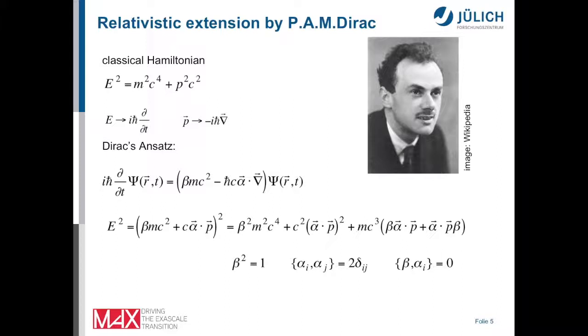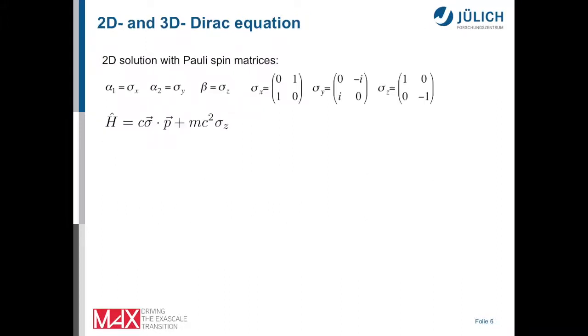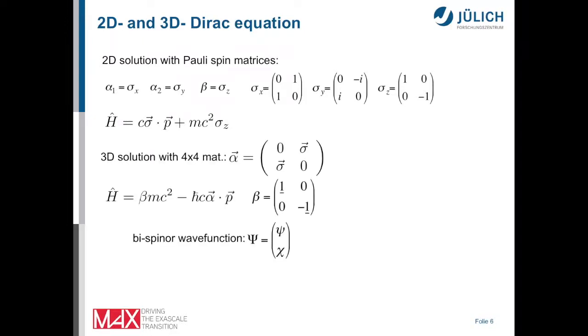And these matrices alpha and beta are not difficult to find. In a two-dimensional world, they are just the Pauli matrices, which you probably all know. They fulfill exactly these conditions. And in a three-dimensional world, alpha is a 4x4 matrix, which consists of these Pauli matrices, and beta is also a 4x4 matrix, which consists of unit matrices plus and minus here.